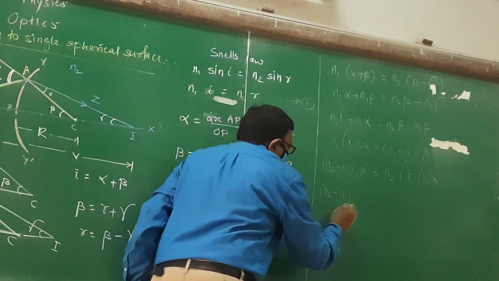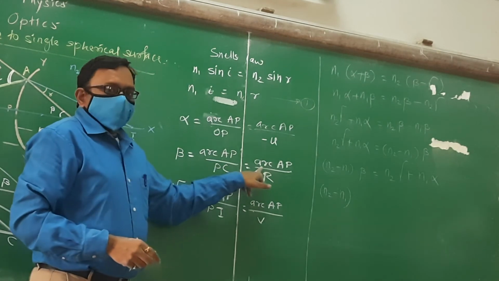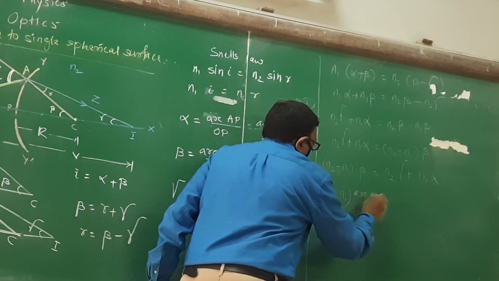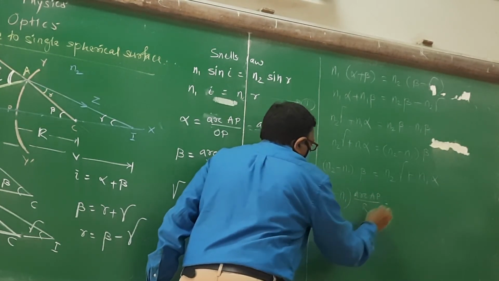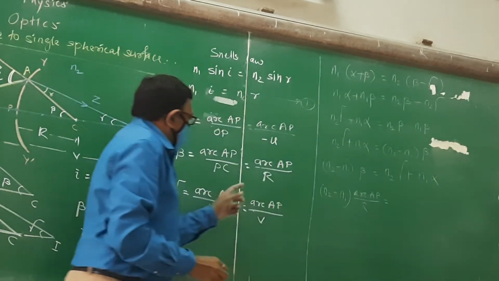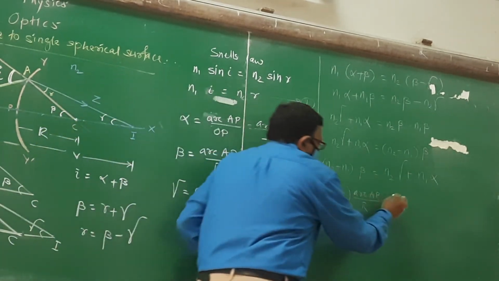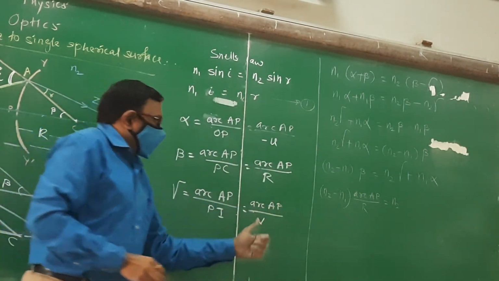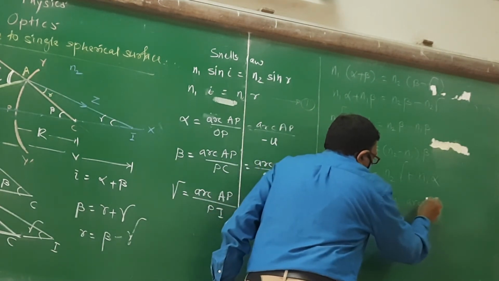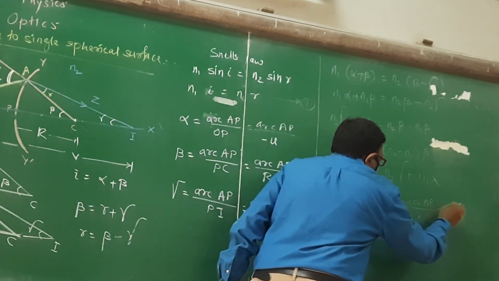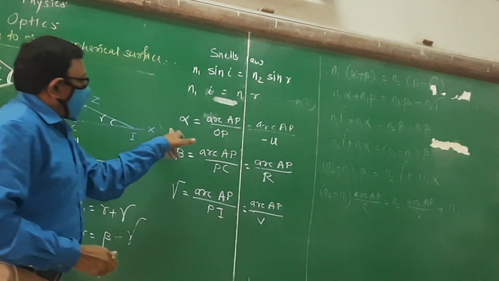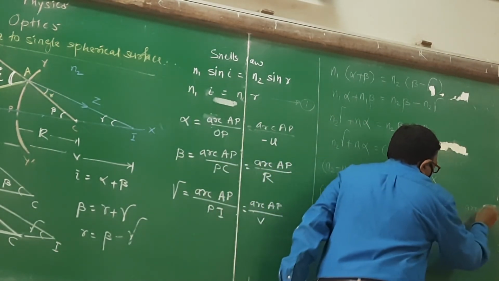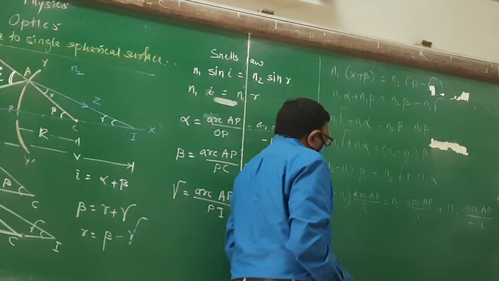N2 minus N1 into beta, beta means AP upon R, is equal to N2 into gamma. What is the value of gamma? AP upon V. Plus N1 into alpha. Value of alpha is AP upon minus U.